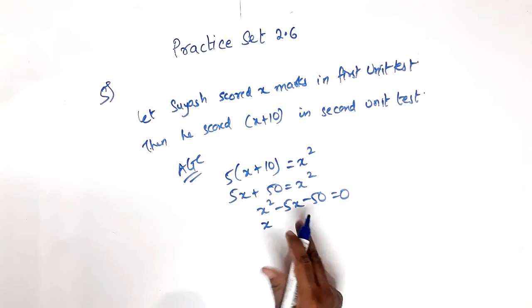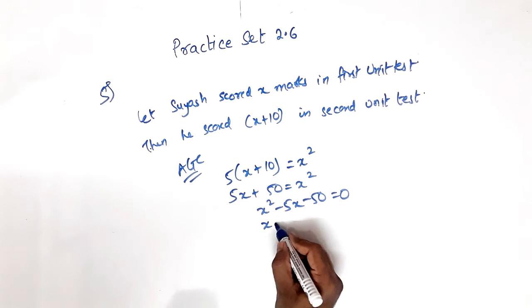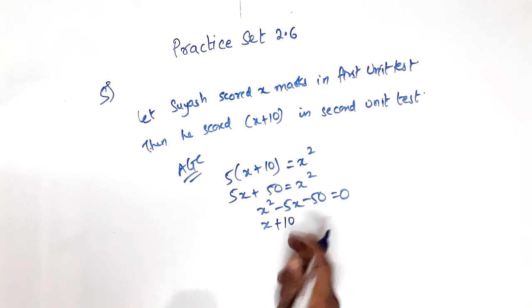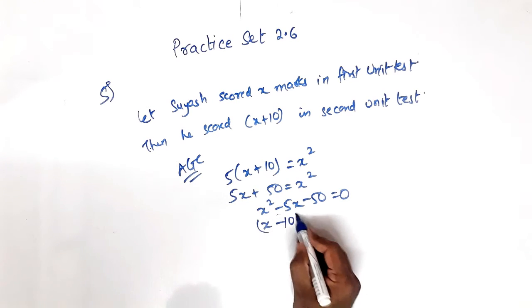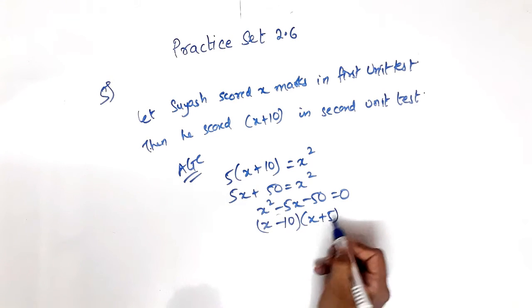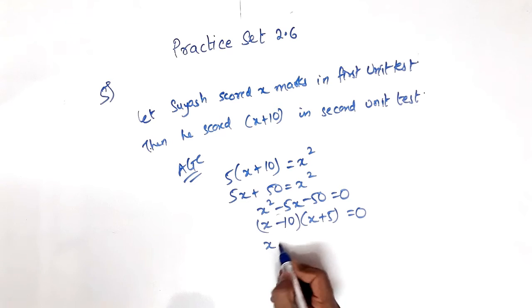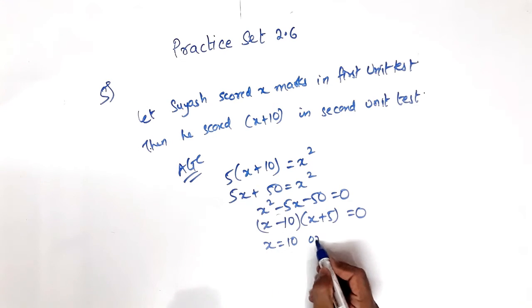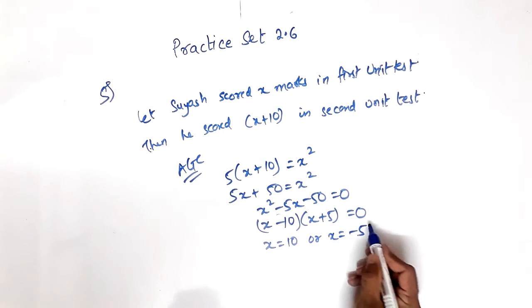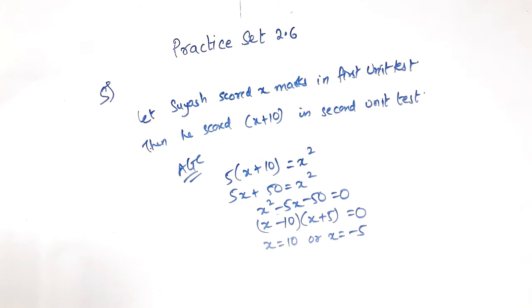Factors of 50 such that I should get 5. So 10 and minus 5. Okay, so x is equal to 10 or x is equal to minus 5. Now as you can see here, the marks cannot be negative.